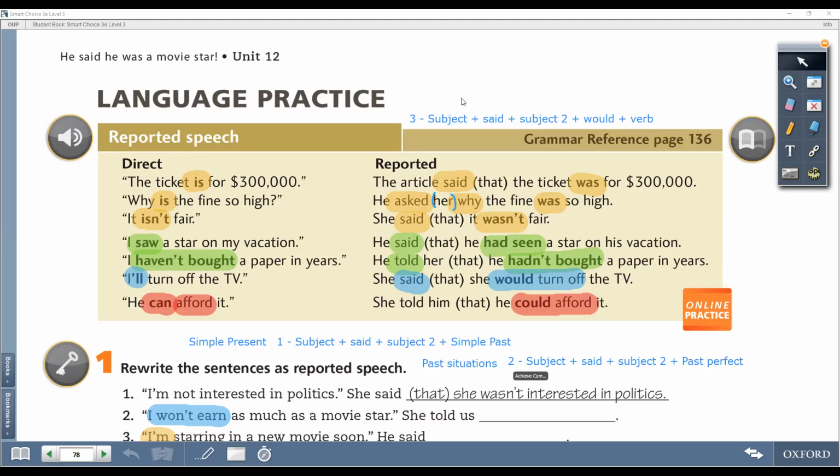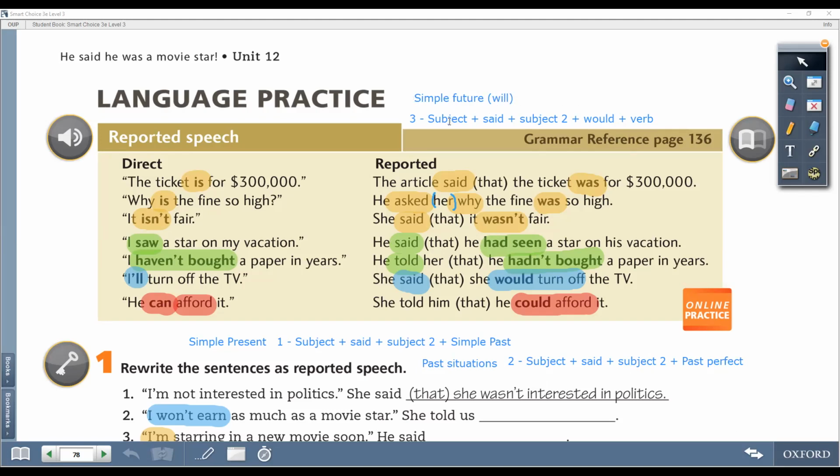Okay? Now, situation 3 is the one in blue. It's when I use the simple future. If the sentence that the person said is in the future, we report using would. So here, we're going to put, okay, here with will.